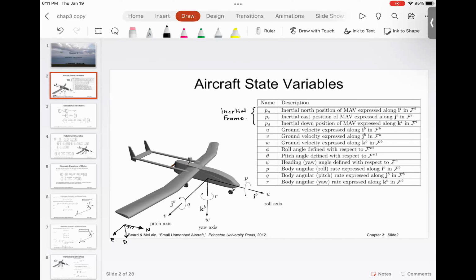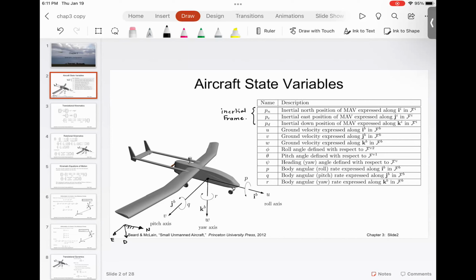Now, the second frame that is attached to the vehicle is the vehicle frame. So basically, you have this vehicle frame, and in this vehicle frame you have translated the frame.